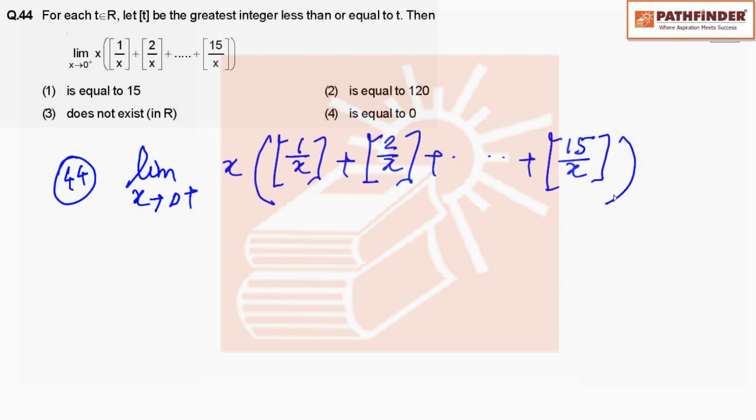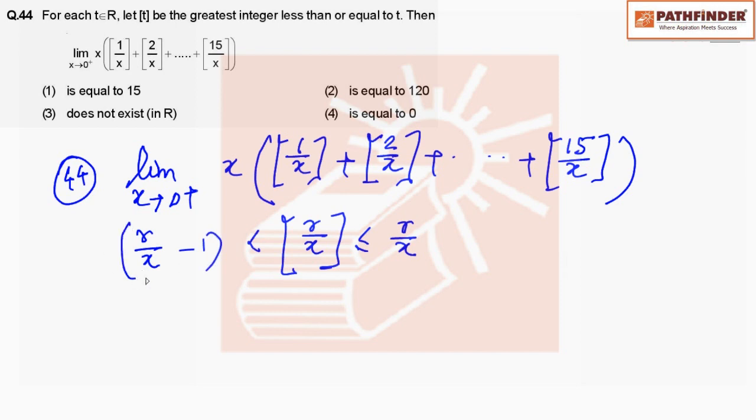Now as you know, the box of r by x is less than or equal to r by x and greater than r by x minus 1. We know it.